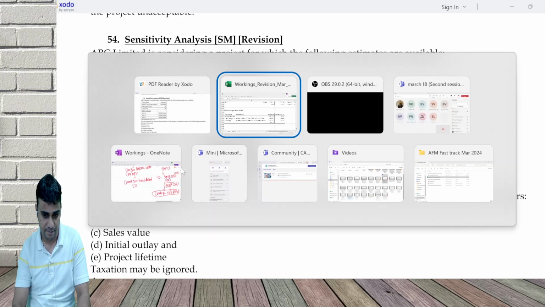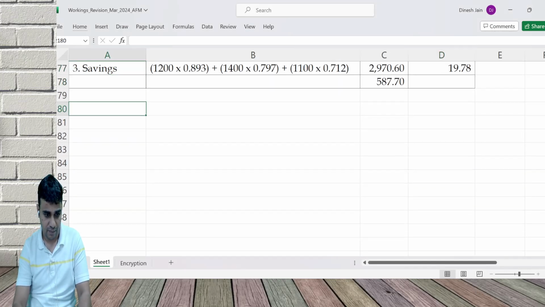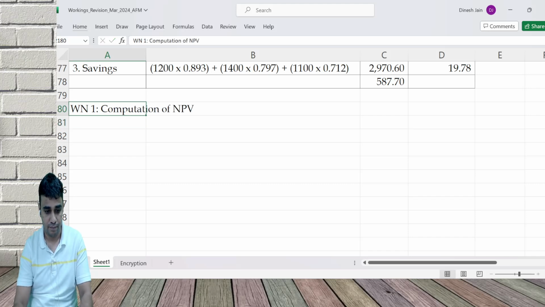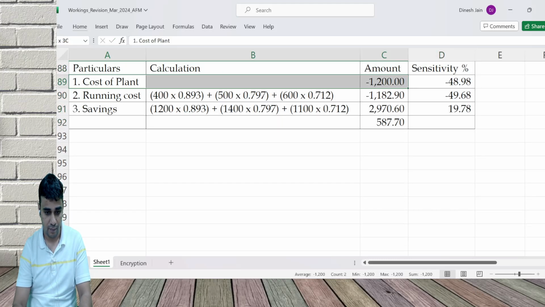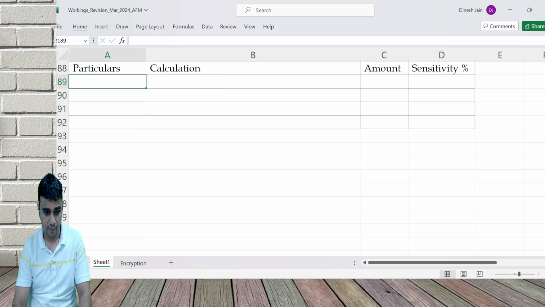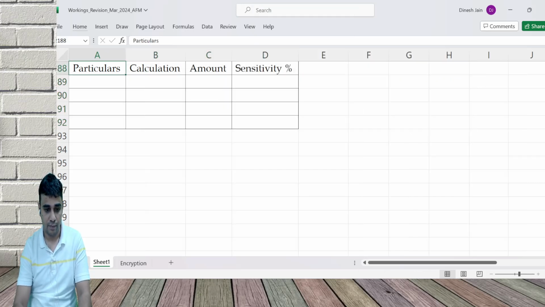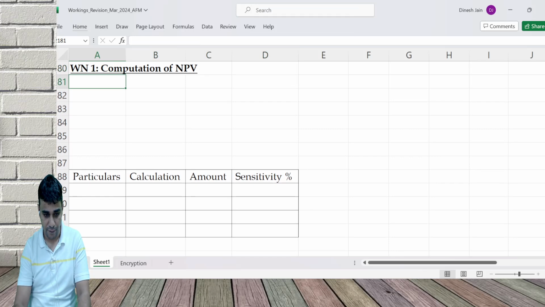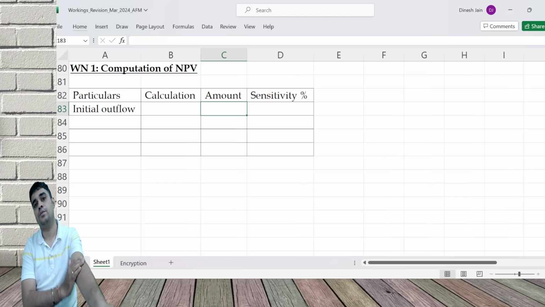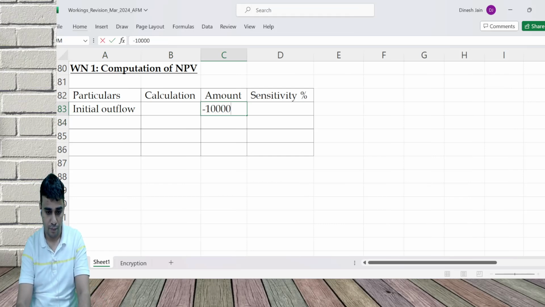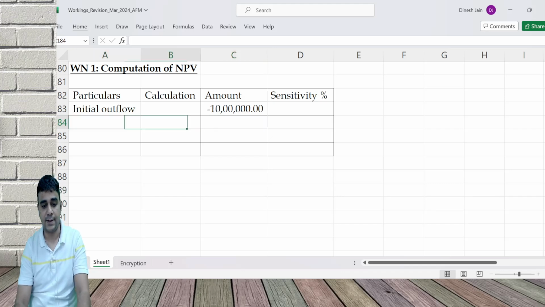Let's start. Working note 1, computation of NPV. Initial outflow, negative 10 lakhs.